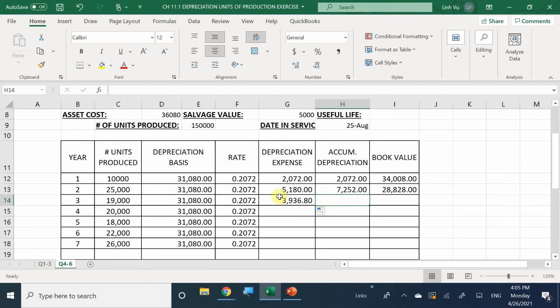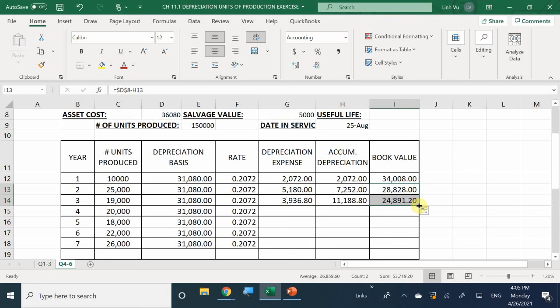Right, because I'm using relative references, so I'm taking my units that I produced that year multiplied by my rate. Yep. So then, what's my book value, excuse me? $24,891.20.